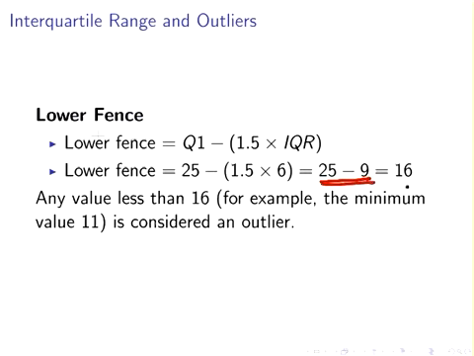So what we have here is 25 minus 9, and that is equal to 16. So any value less than 16, and for our data, the minimum value is 11, is considered an outlier. So we will consider 11 to be an outlier in this data set according to that method.